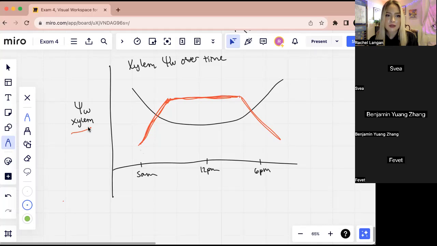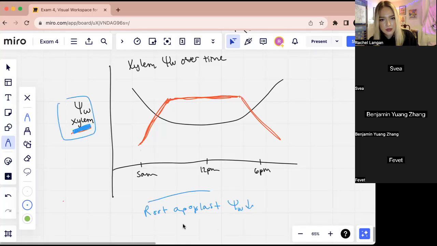So as the negative pressure becomes more negative, I know there's also more pull in the water of the root apoplast. And if there's more pull there, what does that mean? That means that the root apoplast water potential is decreasing. So as this decreases, this also decreases.